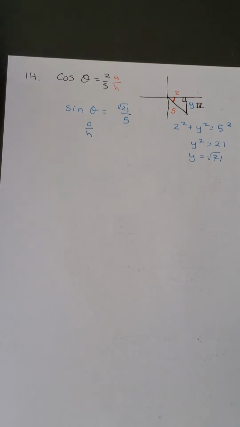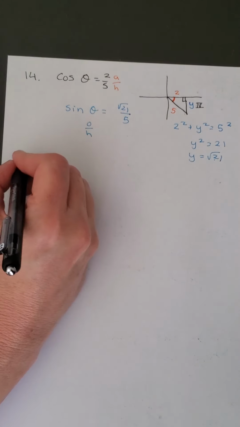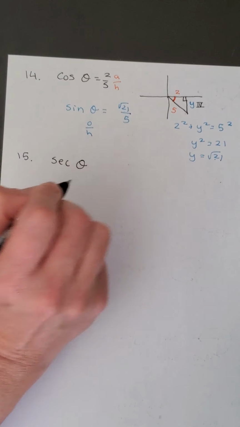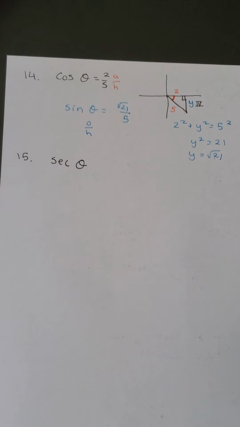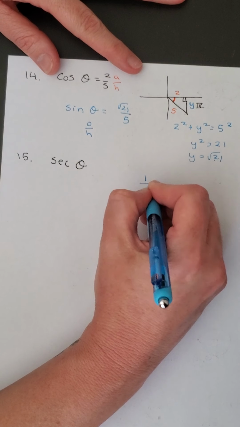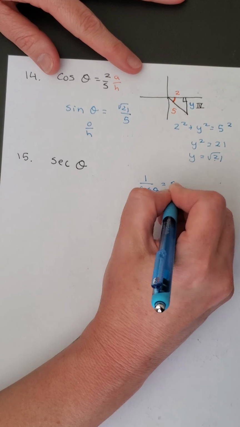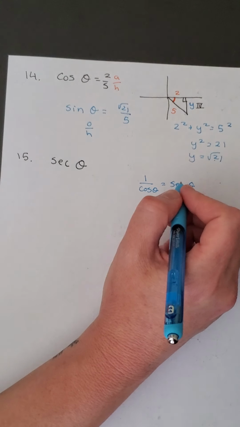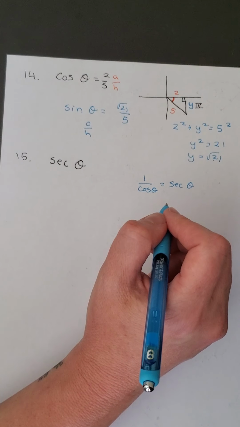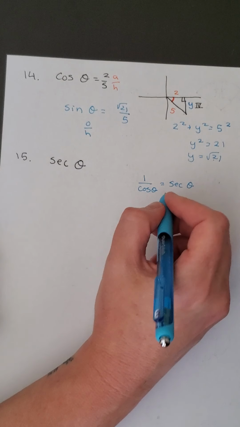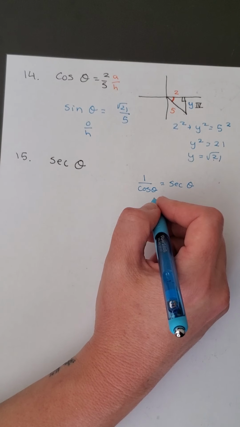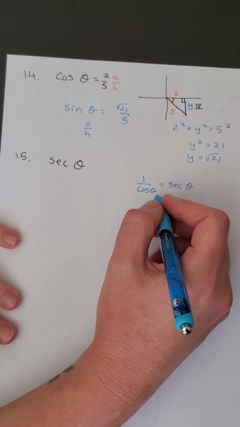All right, number 15. Which of the following expressions are equivalent to secant theta? Select all. I'm going to write down some identities that I know. I know that 1 over cosine theta is equal to secant theta. I do see some cosecant in there, so I'm going to write all of my identities down.